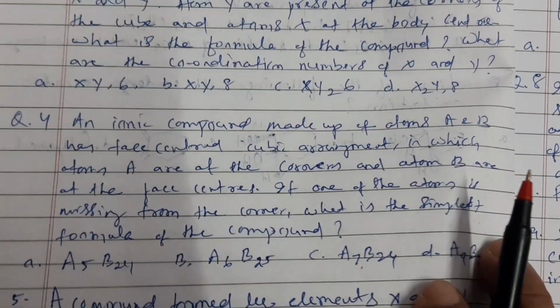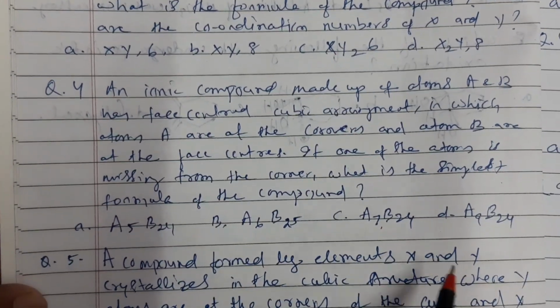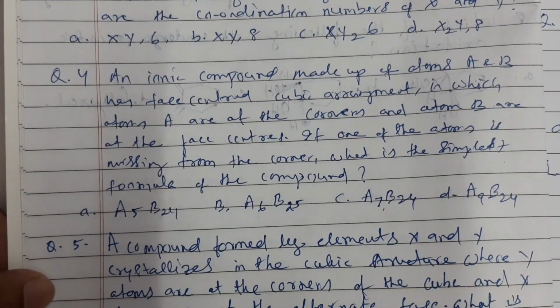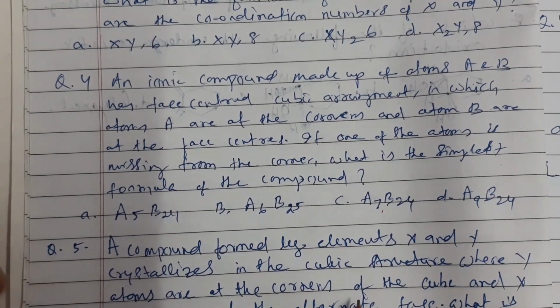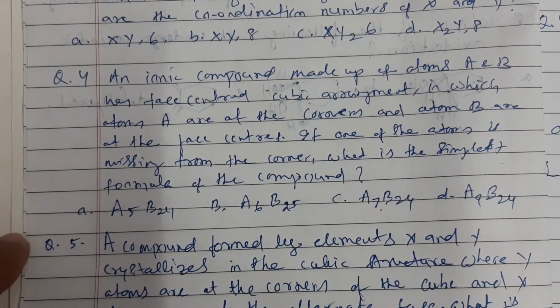Next, a compound formed by elements X and Y crystallizes in a cubic structure where Y atoms are at the corners of the cube and X atoms are at alternate faces. It is very interesting.